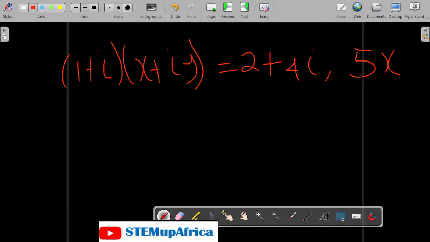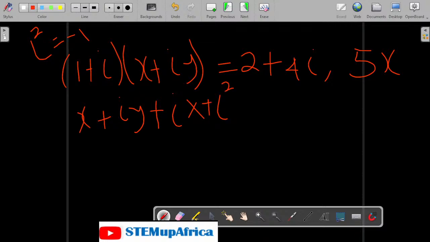When I have a situation like this, the first thing I will do is to open the bracket. But while doing that, don't forget what we said is i squared. I squared, we said the value is minus 1. So let's expand the bracket. 1 times x will give us x. 1 times iy will give us iy, plus i times x will give us ix, while i times iy will give us i squared y, equals 2 plus 4i.